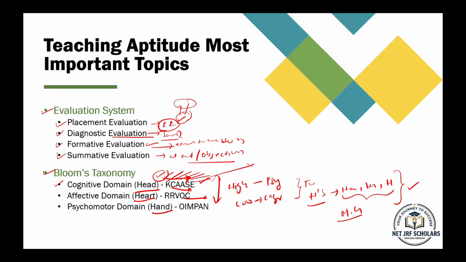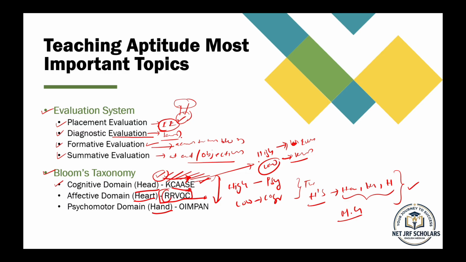So even in each domain there are higher and lower levels. In the cognitive domain, the lower level is knowledge and the higher level is evaluation.